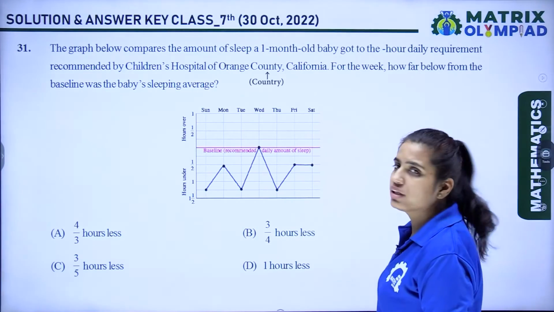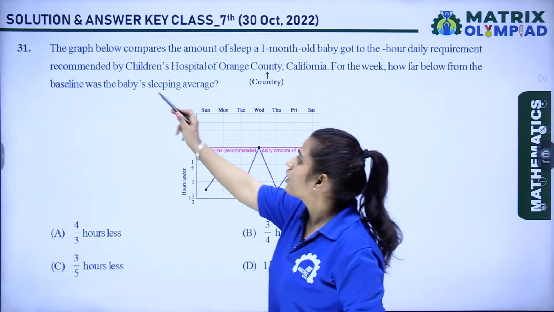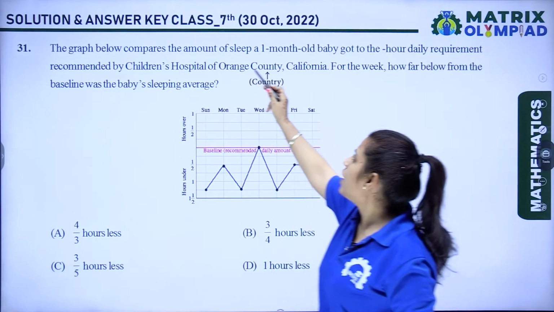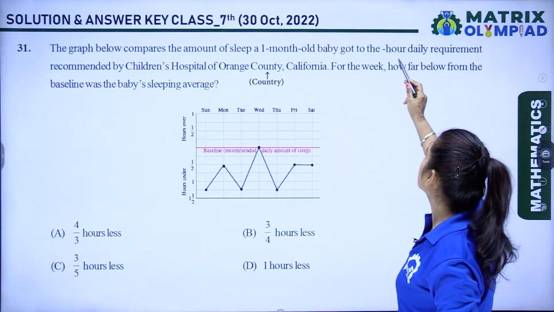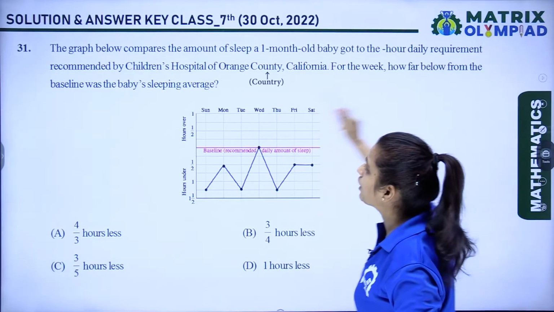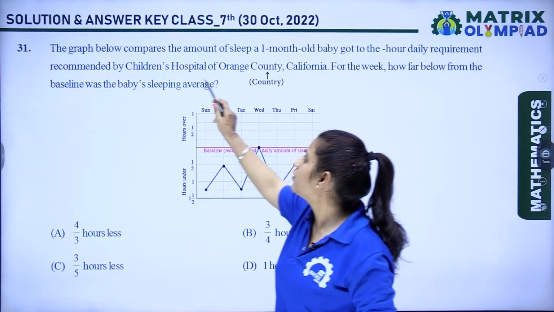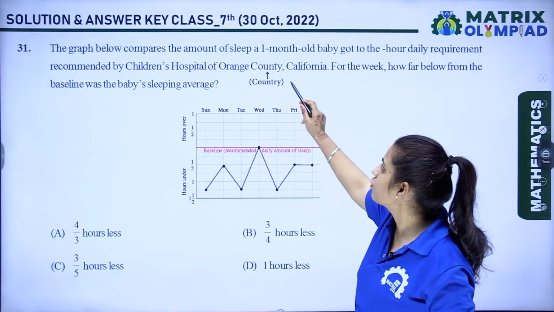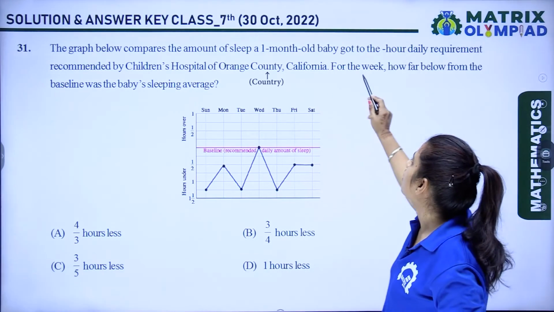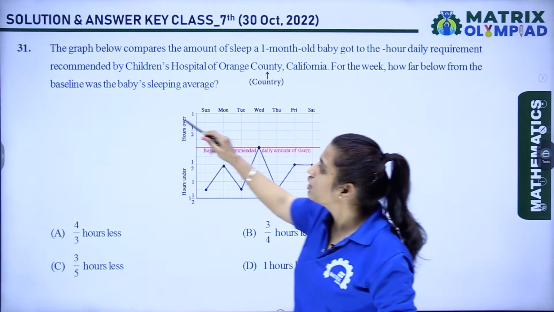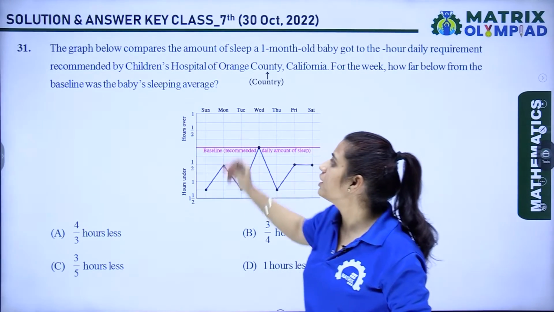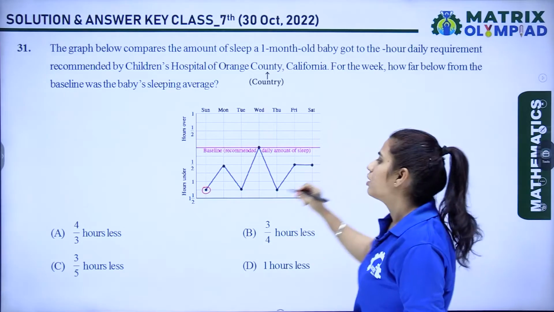Now let's solve the next question. The graph below compares the amount of sleep a 1-month-old baby got to the hourly daily requirement recommended by Children's Hospital of Orange County, California. For the week, how far below the baseline was the baby's sleep average?